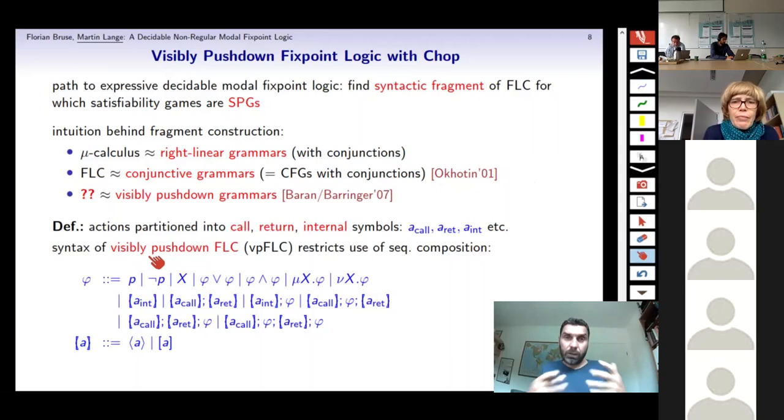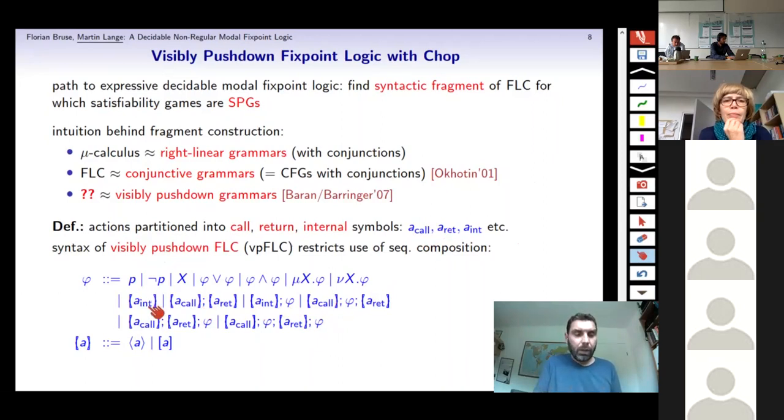What we've done here is employ the usual mechanisms of visibly pushdown languages. First of all, we partition the action symbols into call, return, and internal symbols. Then the syntax is restricted in the following way. Sequential composition can only be used in a very restricted way.